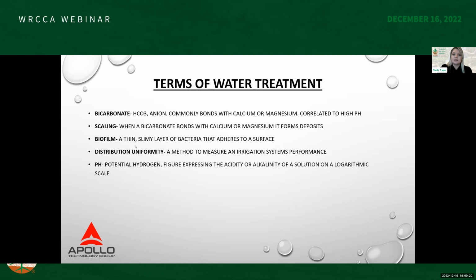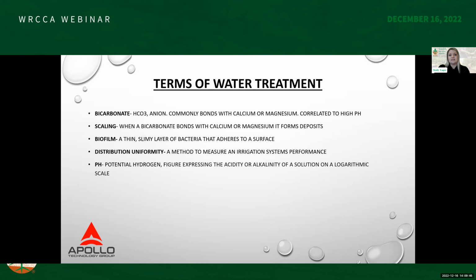So scaling, that's another one. When a bicarbonate will bind with calcium or magnesium, it'll form deposits. Oftentimes on that irrigation line, you'll see like white flaky material, and that's scaling. Rule of thumb, what I like to tell growers and crop advisors to do, if you can wipe it off with your hand, it's probably fertilizer. If you have to flake it off and it's really hard to get off, that's a good indicator that it is scaling.